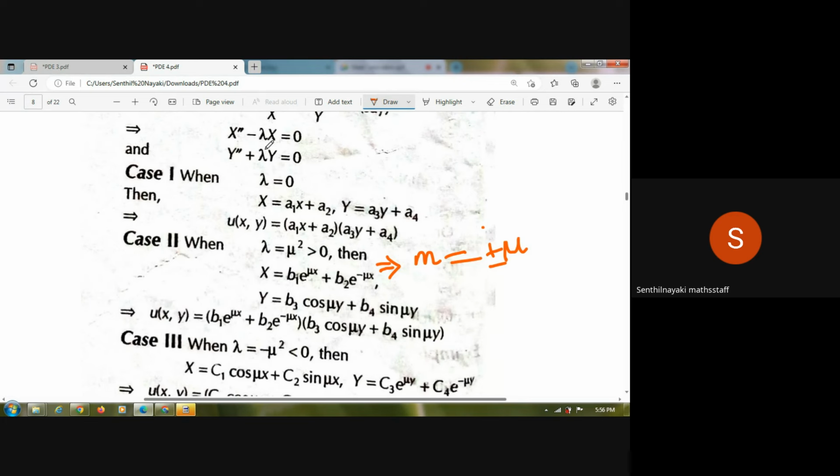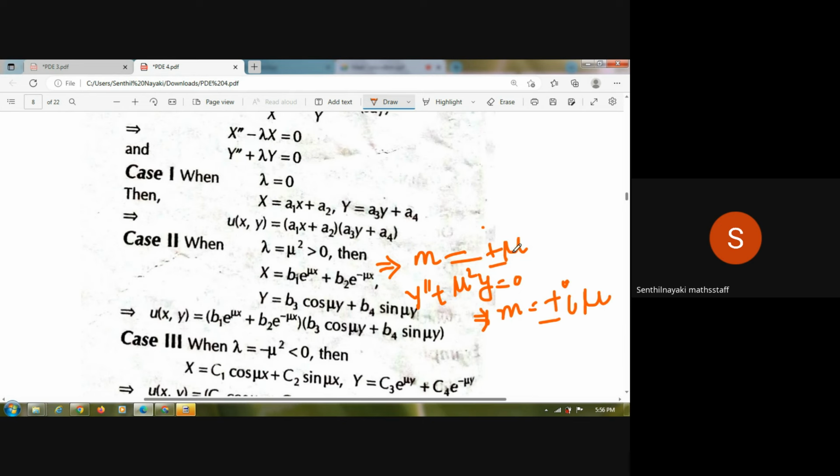But for the same positive lambda, mu square, in the second equation we have y double dash plus mu square into y equal to 0, isn't it? In this case we have m values plus or minus i mu.